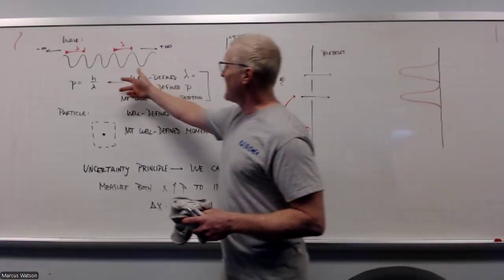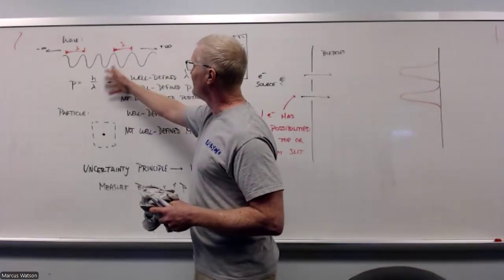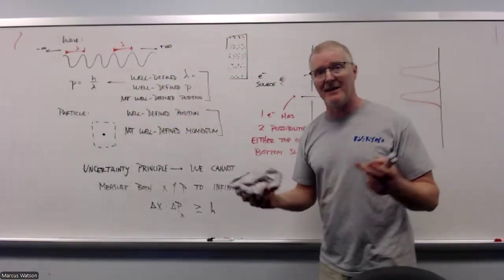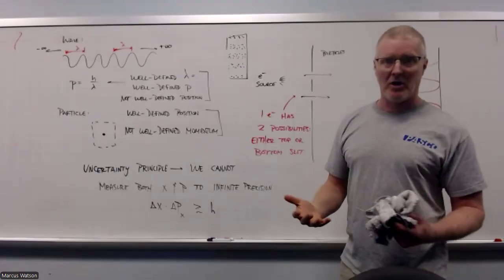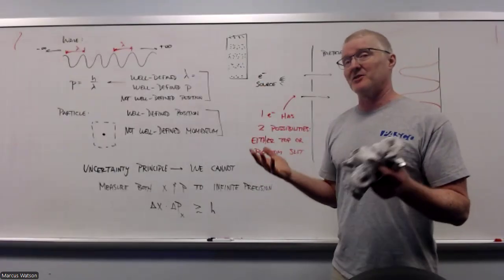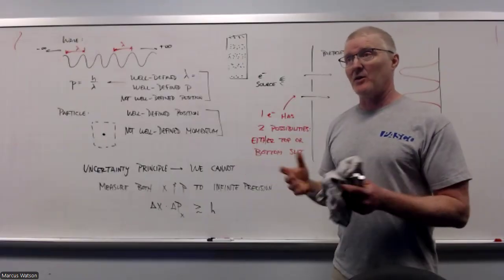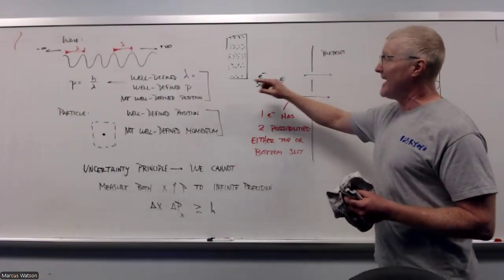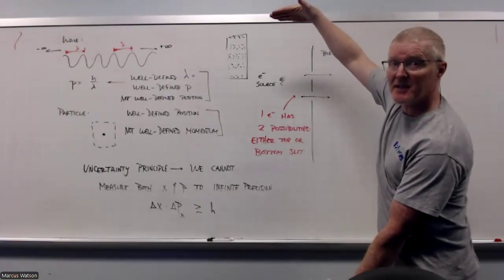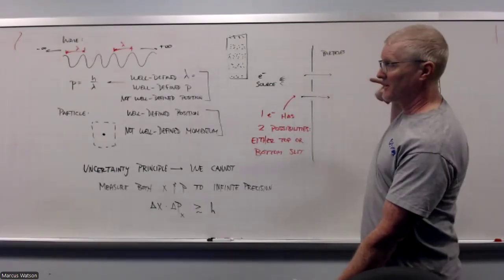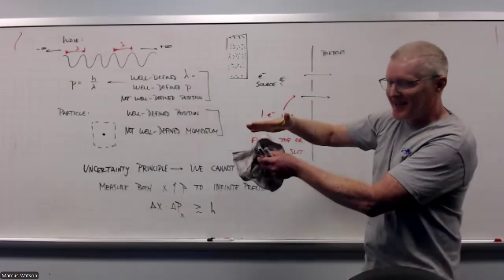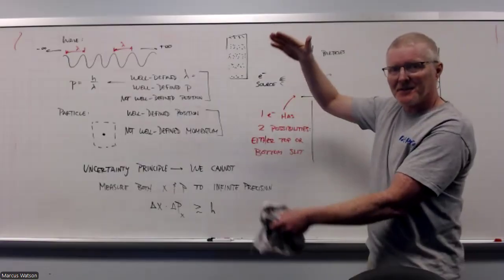Our wavelength should be H over MV, right? If I flip-flop these things, H over MV, and our masses are big, and our velocities are small, and H is a number around 10 to the minus 34. So our wavelengths are really small. Now you can imagine shining a laser light through something that's this big. It's not going to show diffraction. Right? Because you're not trying to confine the light, right?